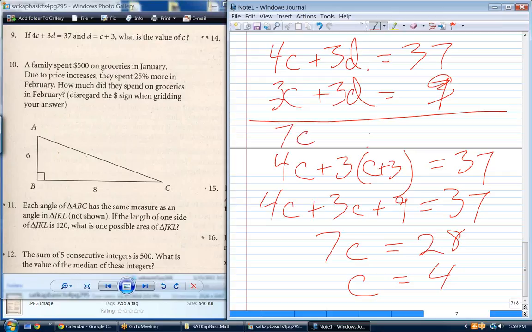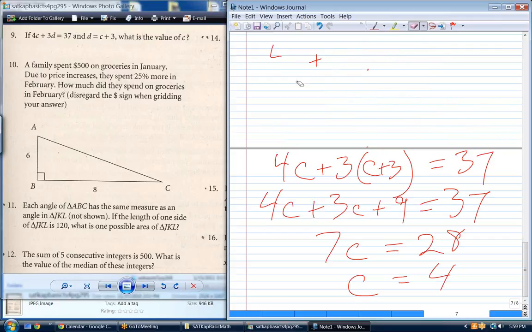So I get 7c equals 28, c equals 4. So depending on how the two equations are presented to you is whether you solve them by elimination or substitution. And substitution is almost always correct when you have one equation that's already been solved for one of the variables.